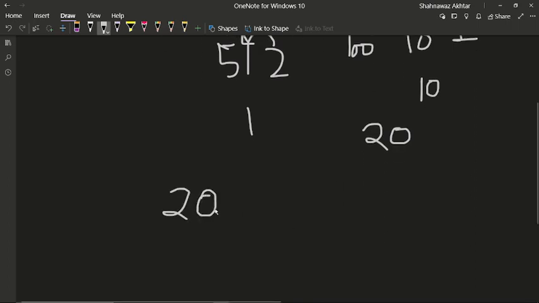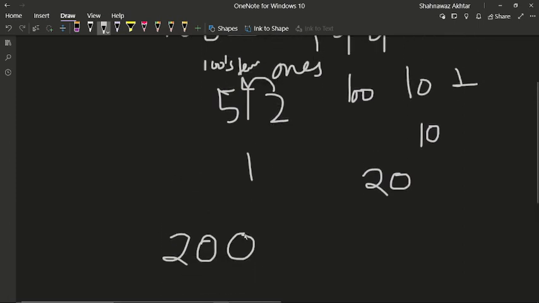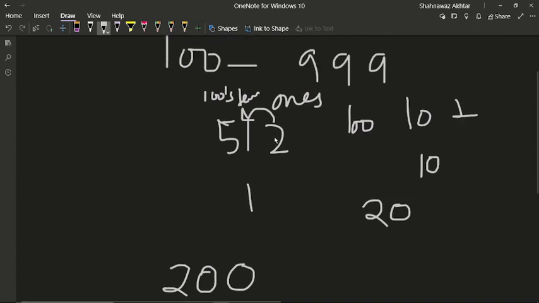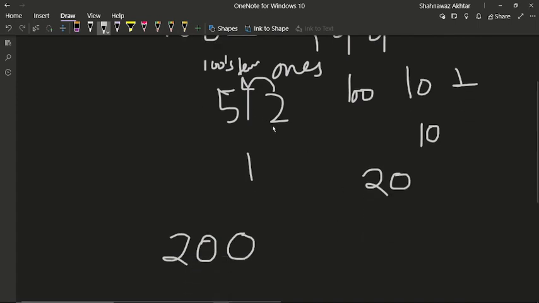Then if I put another 0 here, it is again 10 times of what it was previously, means it is 10 times of 20. So whenever a digit is added, the number becomes 10 times bigger, correct? That's why it is ones, then tens, then hundreds: each place is 10 times more than the previous one.